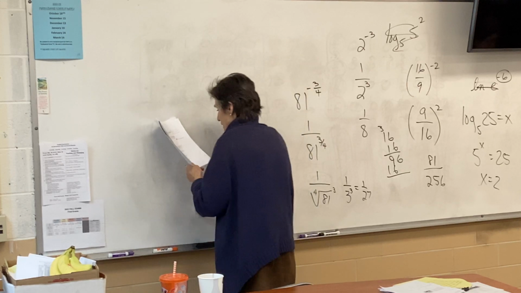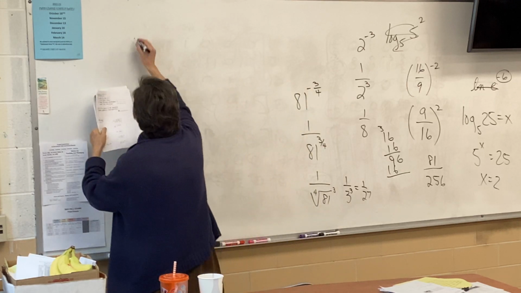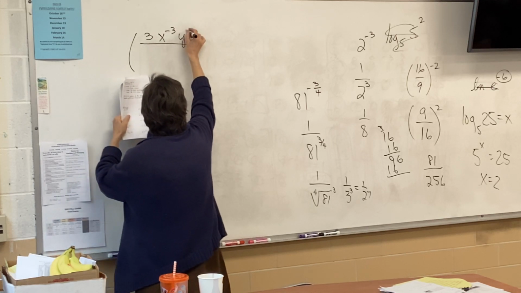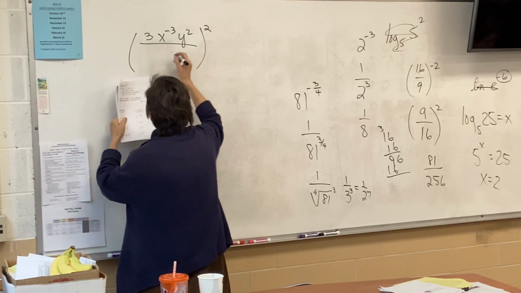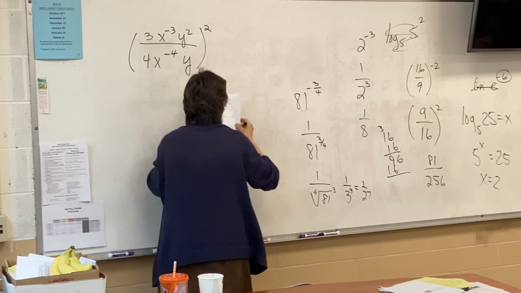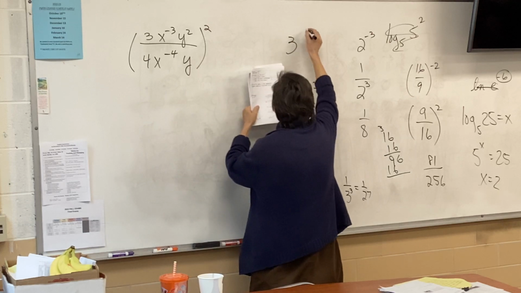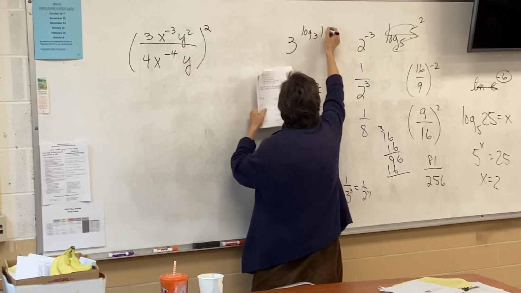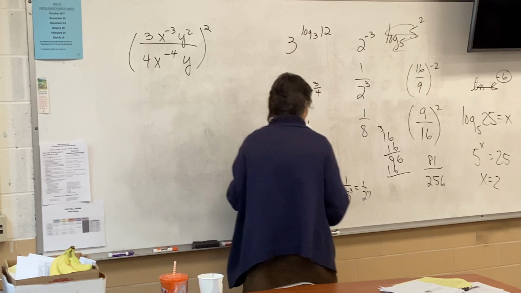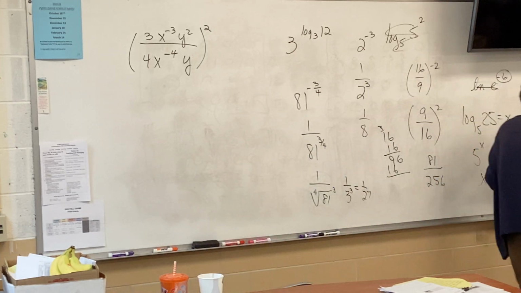All right, let's look at this next one. It's a big mess. And if you look at the whole thing, you might be overwhelmed because there's so much going on in that problem, and it's got negatives and a whole bunch of stuff.